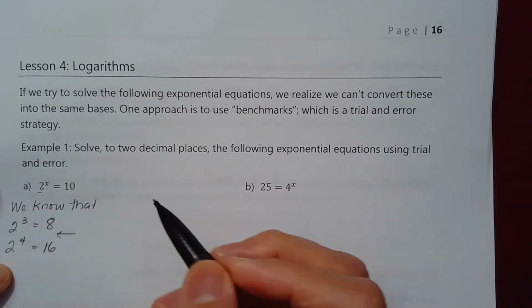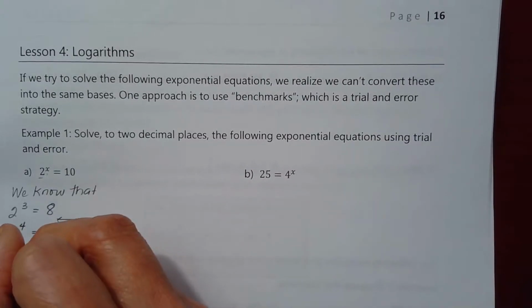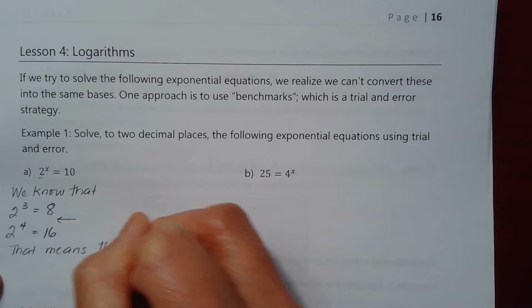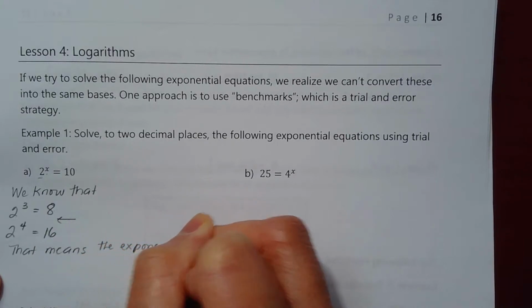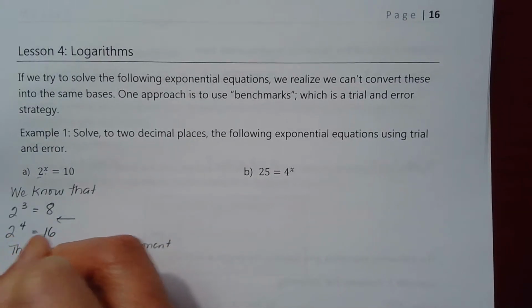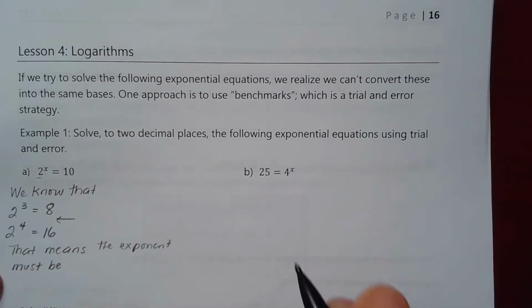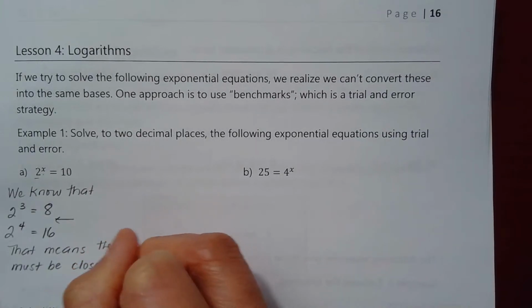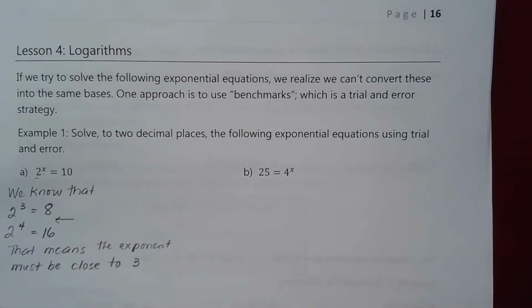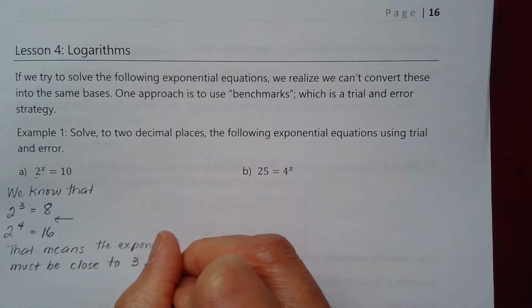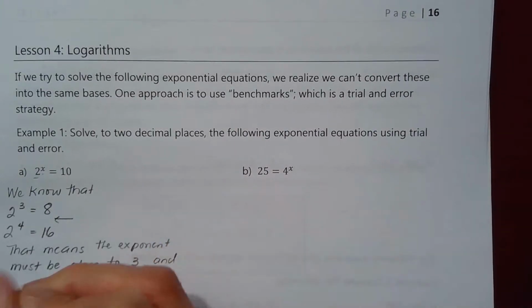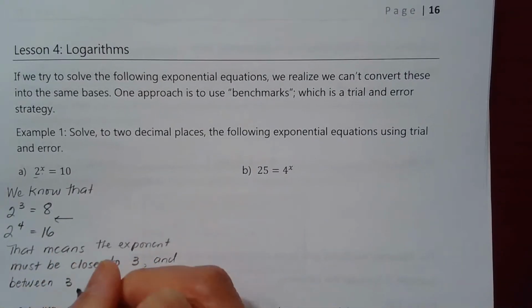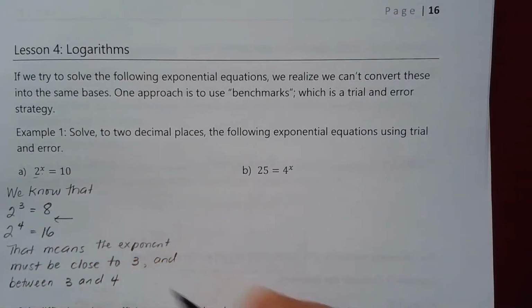That means the exponent must be close to 3, and it has to be between 3 and 4.